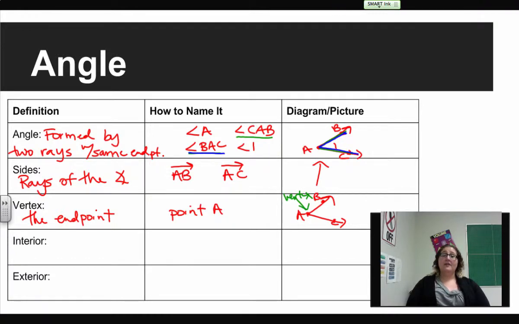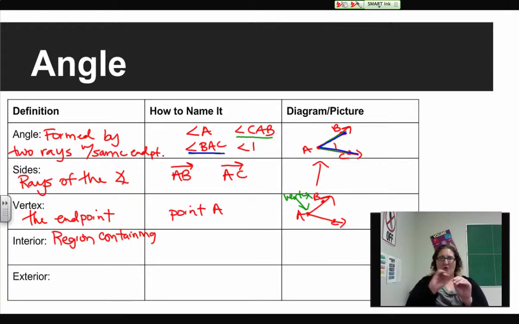Okay, interior. It's the region containing all of the points between the two sides of the angle. So, region containing, and we're not going to use this part on how to name it. There's not a specific name for it.